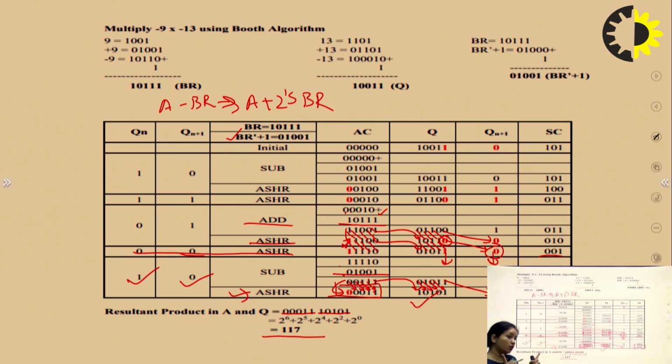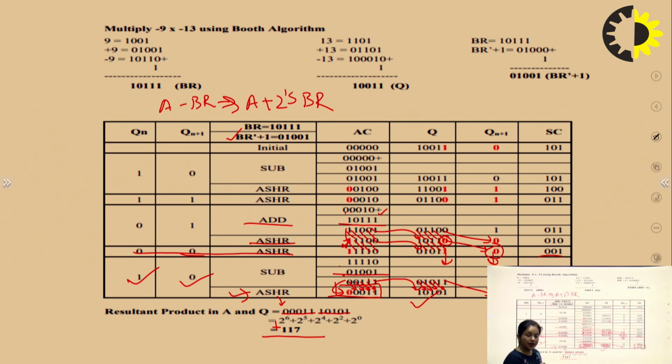Now there is one more thing which we need to understand. Here we will always check the leftmost bit. If it is 0, it means the number is positive. Okay. When the number is positive, you will just convert the binary number into decimal and it is equivalent to plus 117. If you multiply, it will be the same answer.